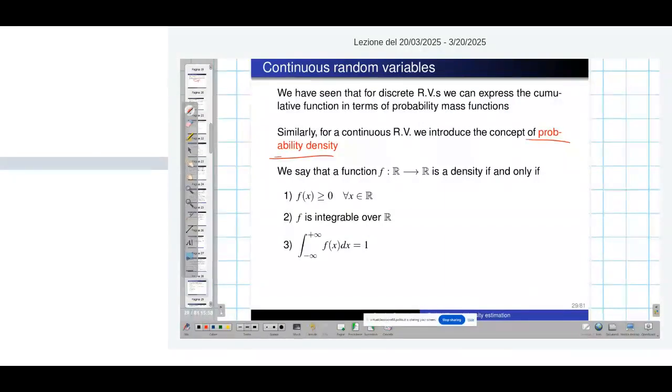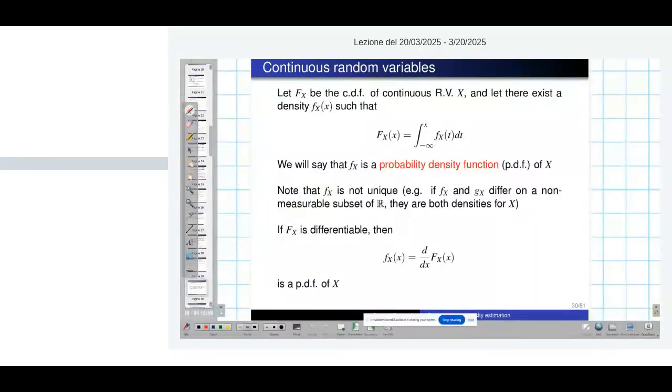For continuous random variables, we introduce the probability density, a function that is, again, always greater or equal than 0, can be integrated over the real line, and the integral over the real line is 1.